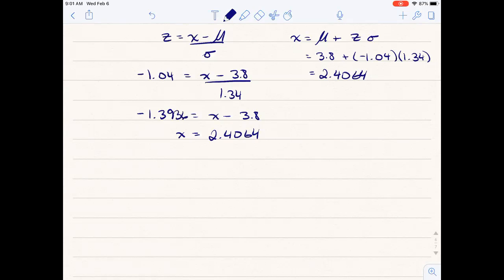There. I don't care about sig figs. So I would keep all these decimal places. So for me, keep as many decimal places as you can.